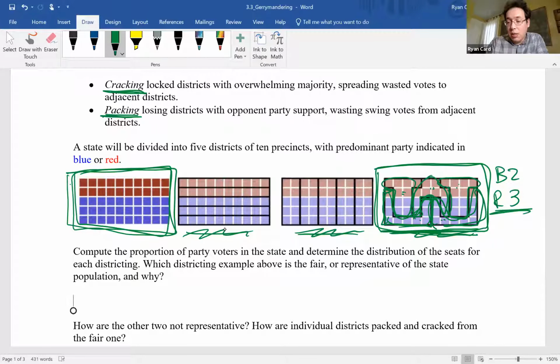There were 9 votes for the blue party and 1 vote for the red party. So blue only needed 6 to actually win that representative.